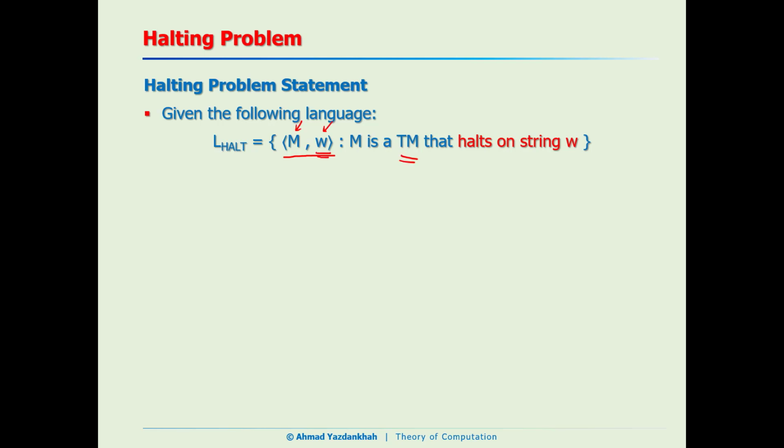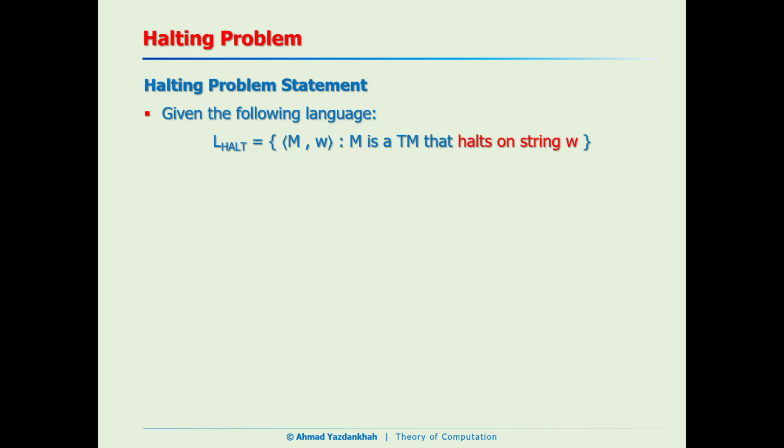The combination of this string and the description of a Turing machine, but the property of this Turing machine and this string is that this Turing machine will halt when we feed this string. When we say it halts, it means that it doesn't fall into an infinite loop. For sure, we know that it will halt either for accepting or for rejecting.